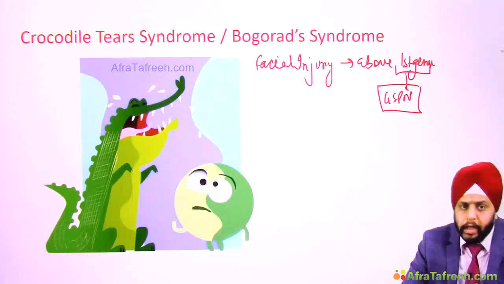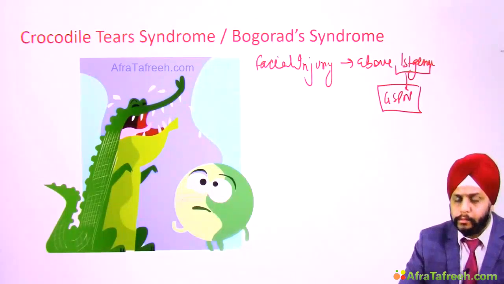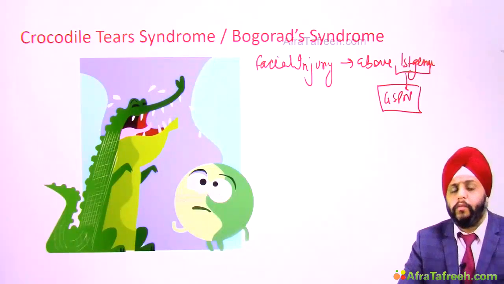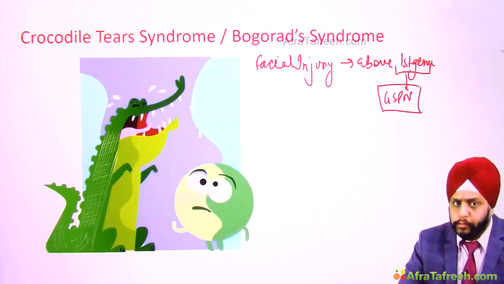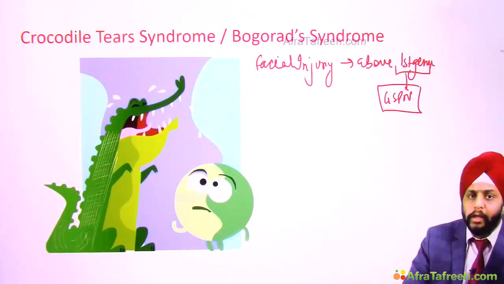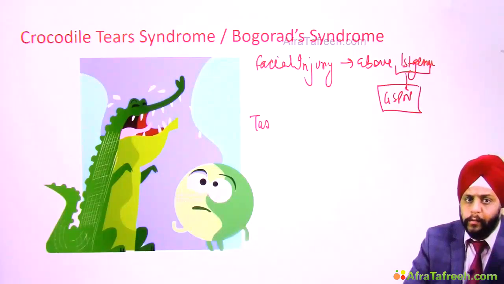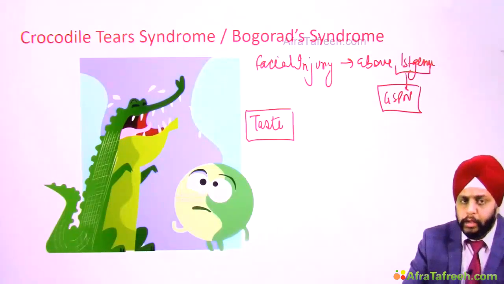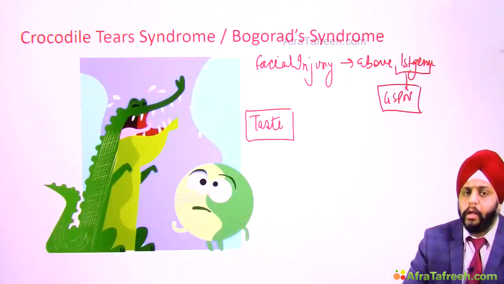There is an intermixing of fibers. So what happens whenever the patient tries to eat food? There is a taste sensation when the patient puts food in the mouth, and that is under the control of chorda tympani.